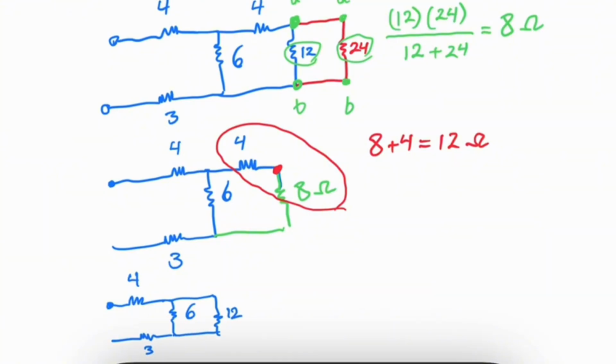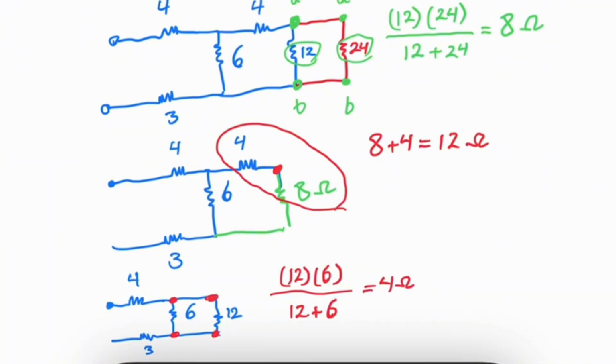Now we see that these two are parallel again, since they are using the same two nodes. Therefore, we know that for parallel resistors, this is the product of the two resistors over the sum of the two resistors, which gives me 4 ohm.